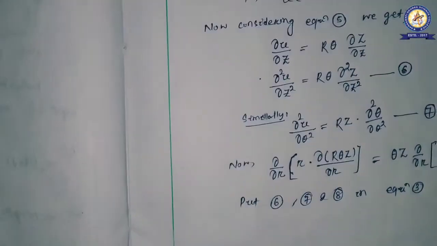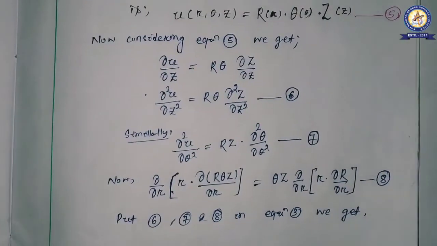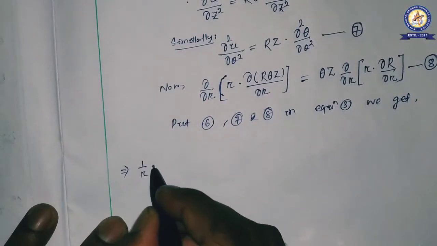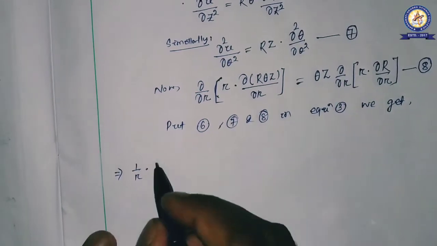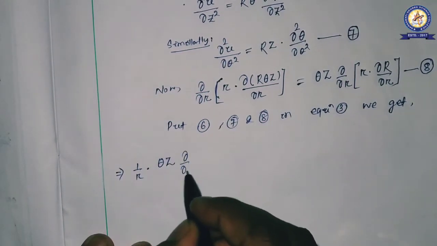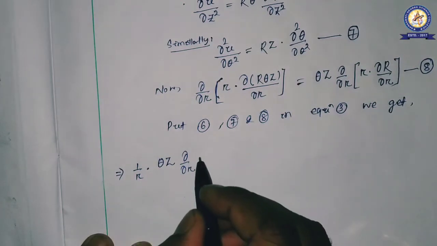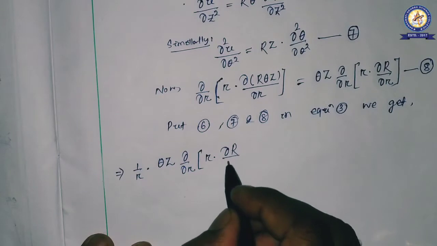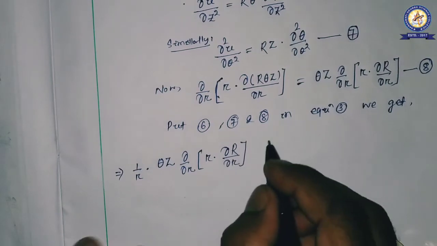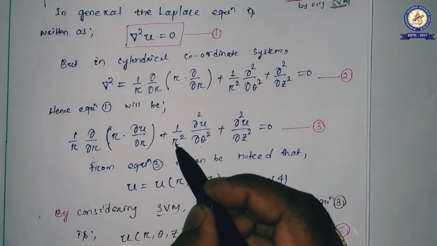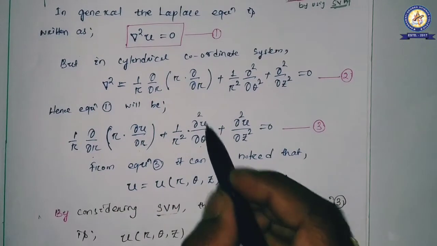Here you can see that this is 1 by r, that implies 1 by small r into this much: capital theta capital Z del by del r of r into del capital R by del small r, plus here 1 by r square into del square u by del theta square.